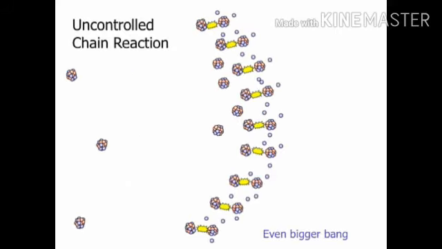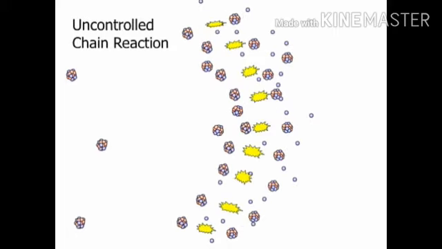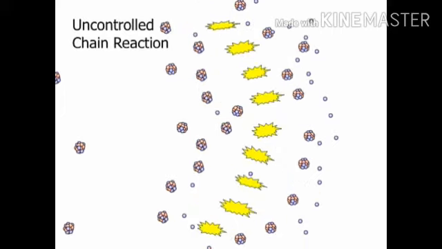That causes fission reactions to take place in a large amount of fissile material. This results in a huge amount of energy released in a fraction of a second. This kind of chain reaction is used in atom bomb explosions.